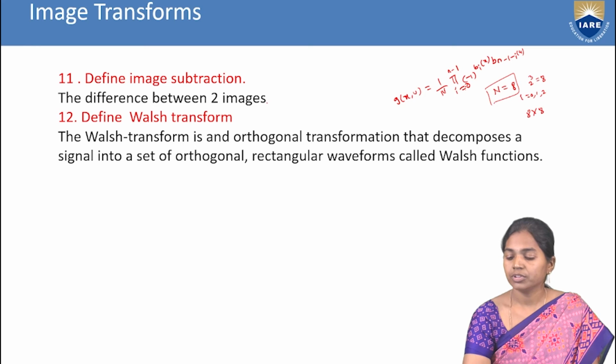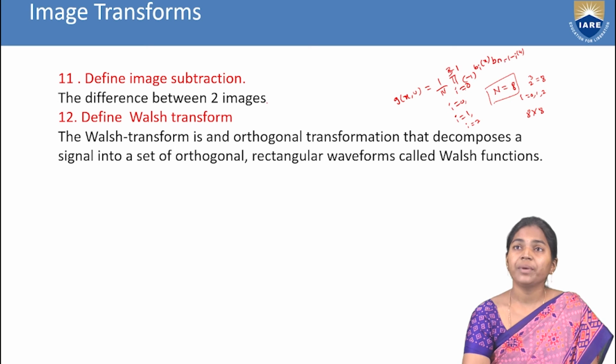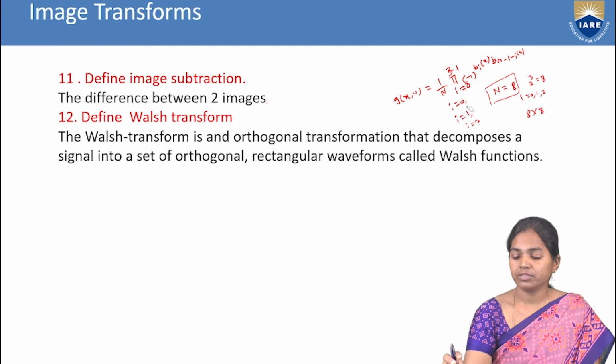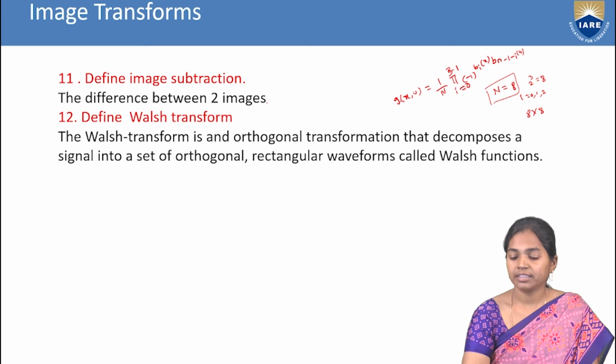Substitute i equals 0, what is the value? i equals 1, what is the value? i equals 2, what is the value? That is minus 1 power b_i of x, b_(n-1-i) of u. Based on this kernel equation, this is the Walsh transform 1D kernel.